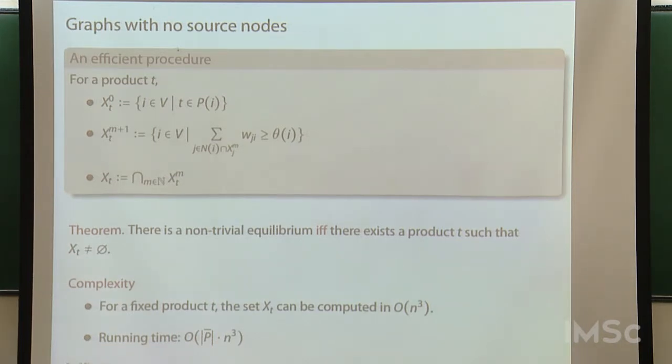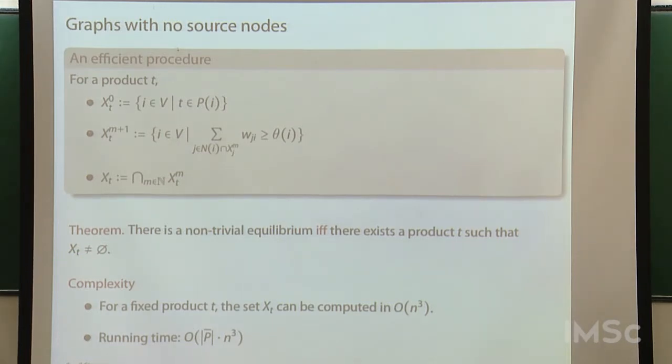Now some nodes are not going to be happy with this assignment because they might be getting negative payoff. What you do is you shrink this set by throwing away all these nodes which are getting negative payoff. You keep doing this procedure till the set shrinks and reaches a fixed point. What you can argue is that there is a non-trivial equilibrium if and only if there exists a product T such that at the fixed point, the set that you have computed is not empty.